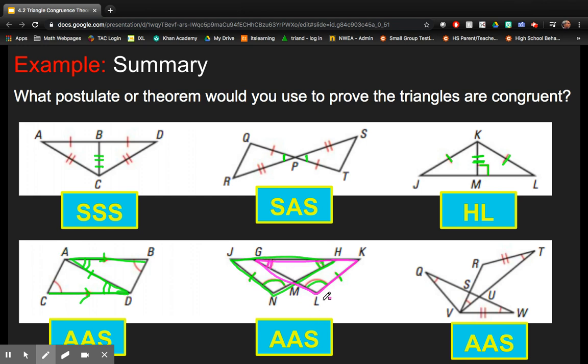So I'm noticing that I've got two angles and a side, and the side is not between the two angles. The side marked is not between the two angles, therefore it has to be angle, angle, side.